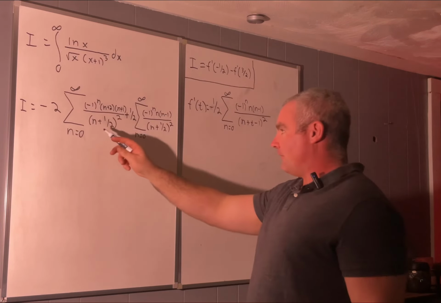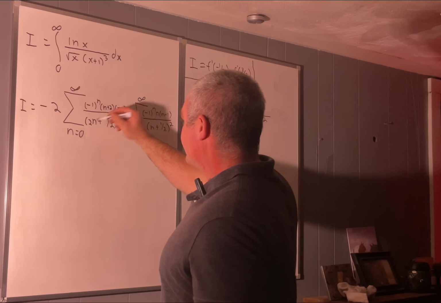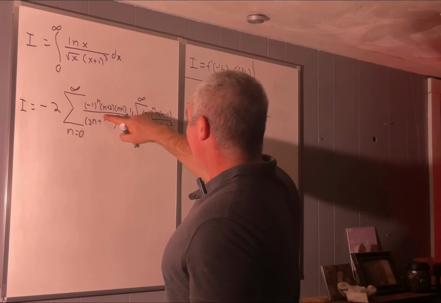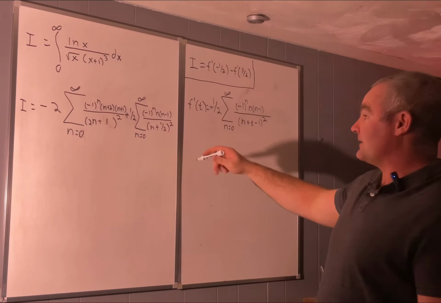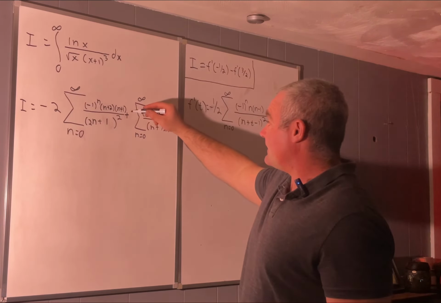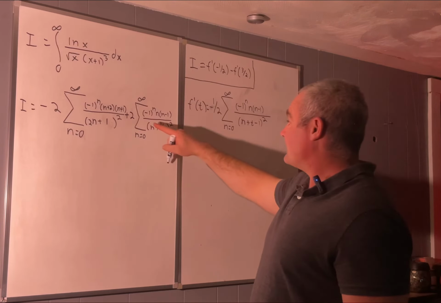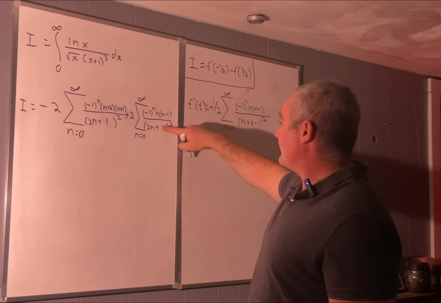Multiplying the bottom by 4 would make this 2n plus 1. And we'll do the same thing on this side. So this is going to be 2, and this will become 2n plus 1.